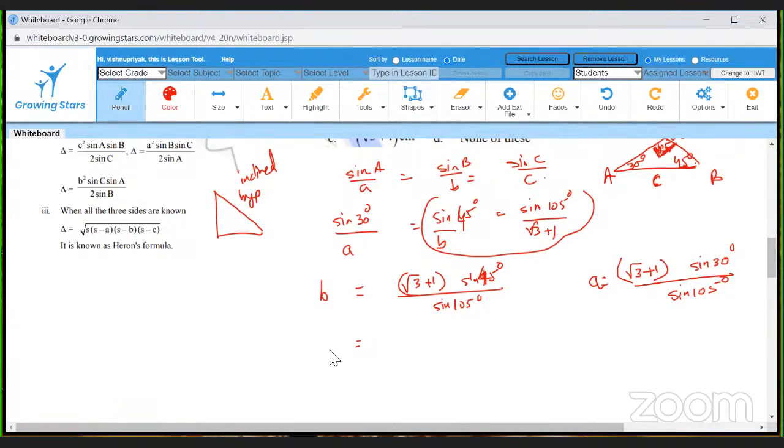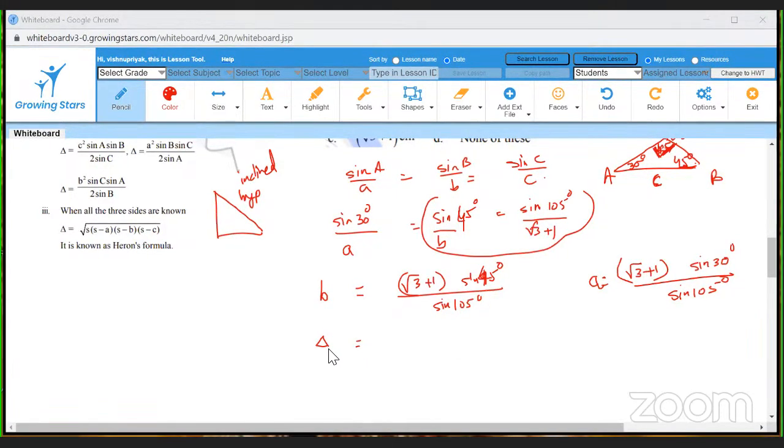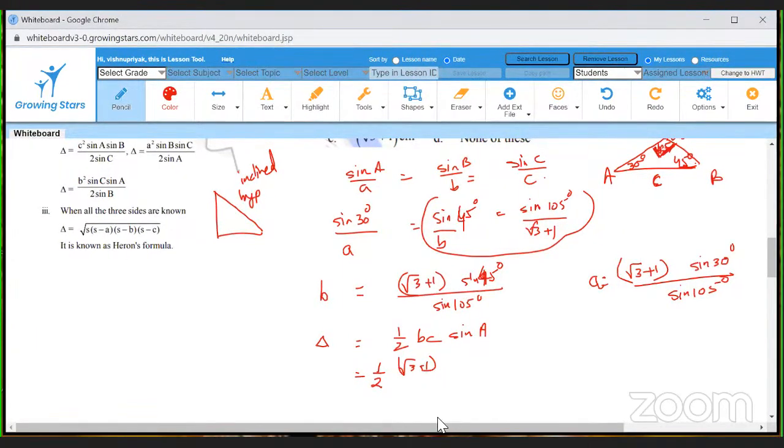So once you know A and B, how will you find area of the triangle? Formula for area of the triangle, you can take 1 by 2 BC sin A. 1 by 2, B is root 3 plus 1. Now while writing, you can write what is sine 45. Instead of keeping a sine 45, you know the value of sine 45.